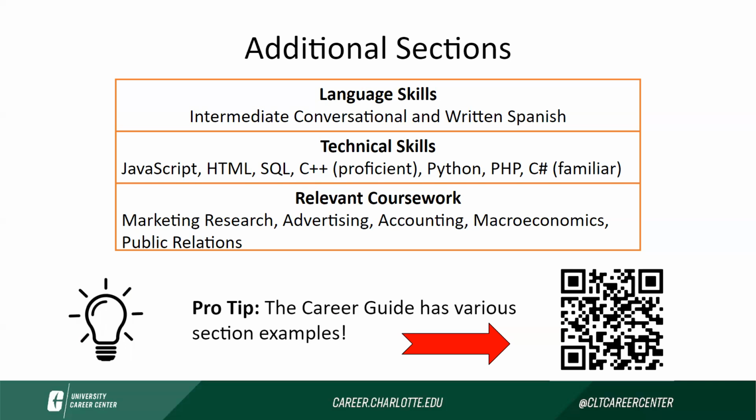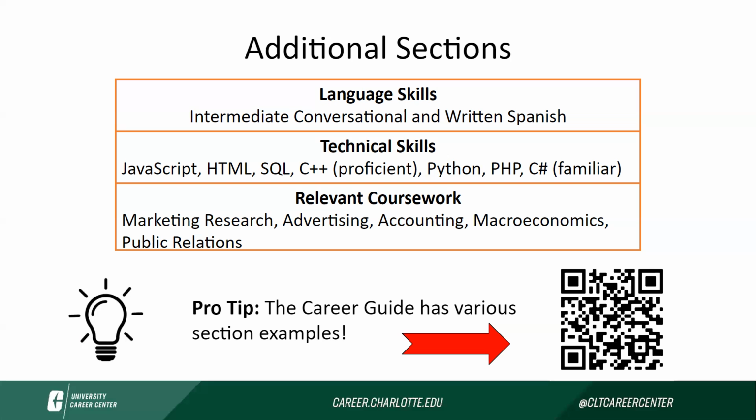For some candidates that have more of a technical background, so thinking through technology careers, engineering careers, careers that would involve working with data or any sort of technical application or that would require a technical skill set, it is probably going to make sense for you to do some sort of technical skills section. And so we've given you an example here of what that can look like for you.